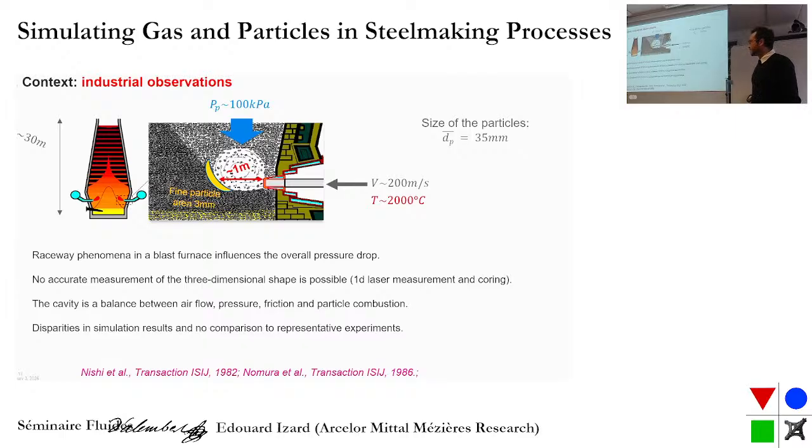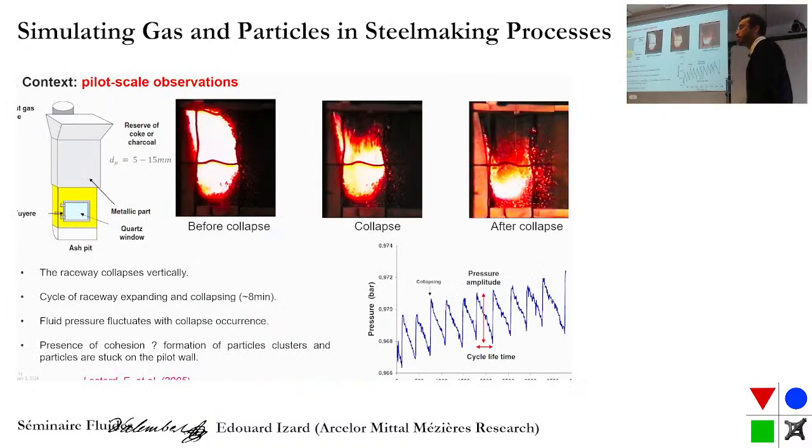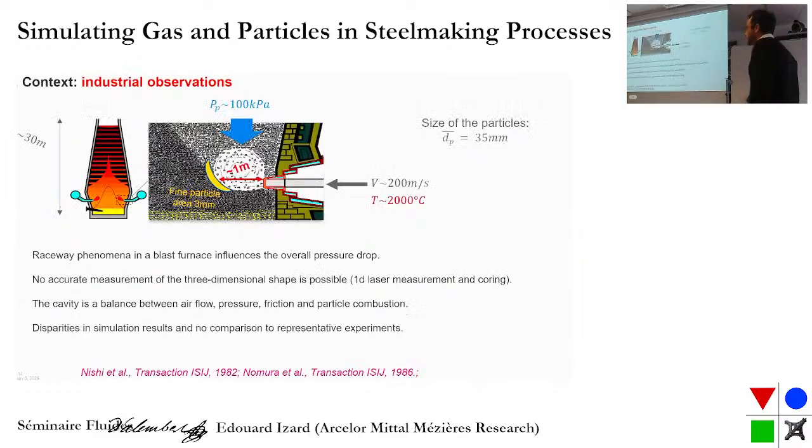But it's difficult to measure the shape of this cavity at the scale of the plant. This is why I have some colleagues that worked in the past to develop. So the raceway is the voids that are created when you inject the gas at the bottom of the blast furnace.